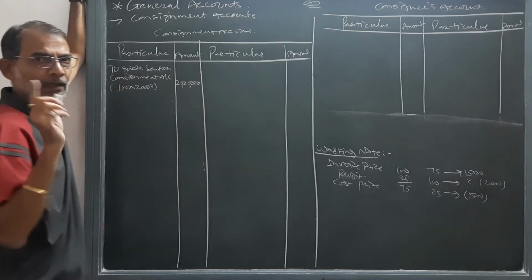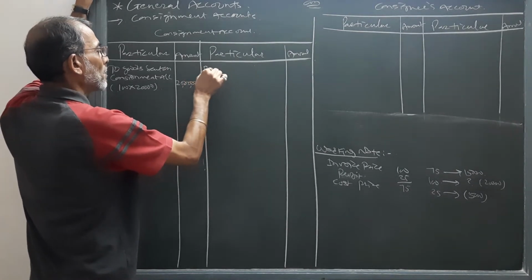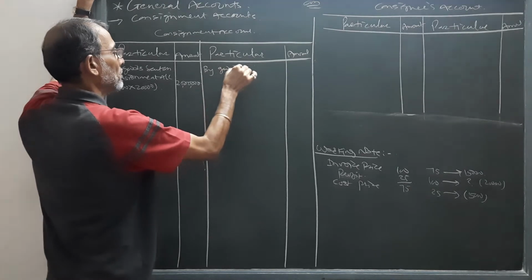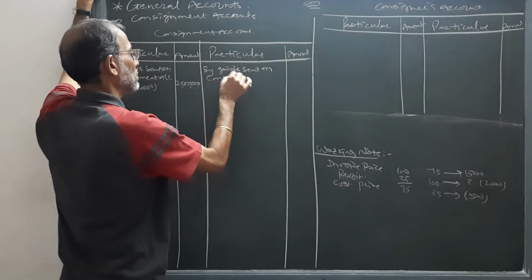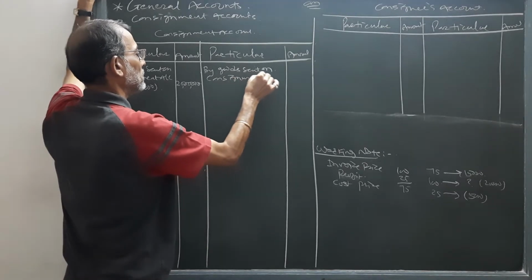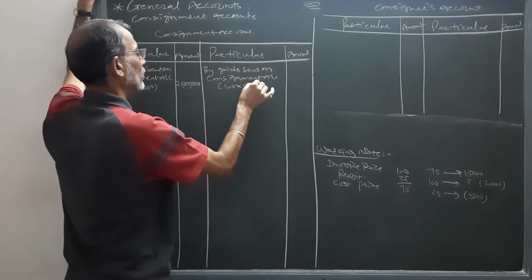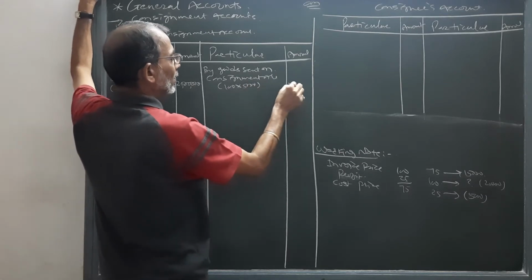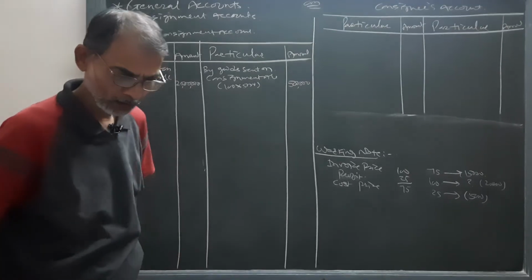On credit side, its difference would be written (100 into 5,000), that will be 5 lakh.